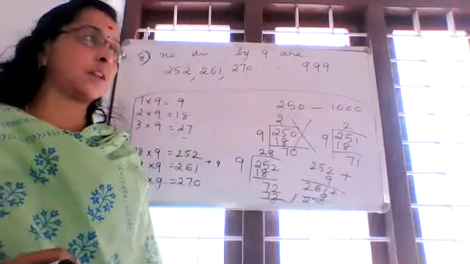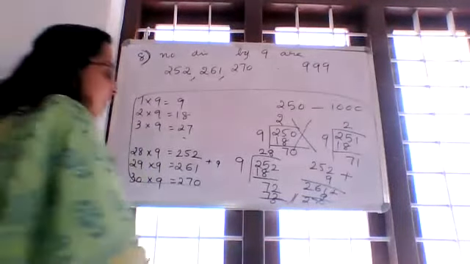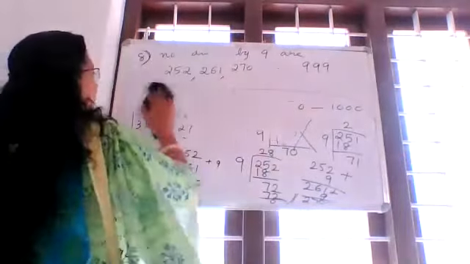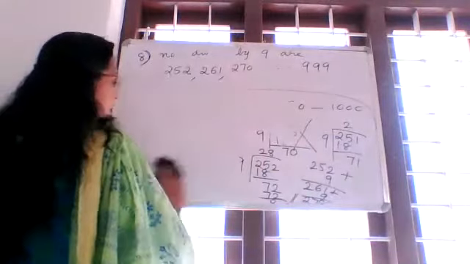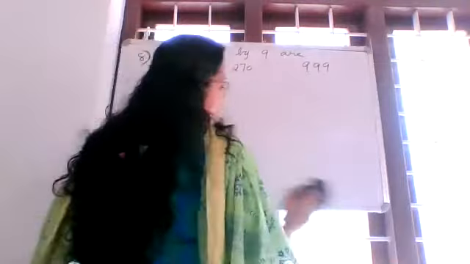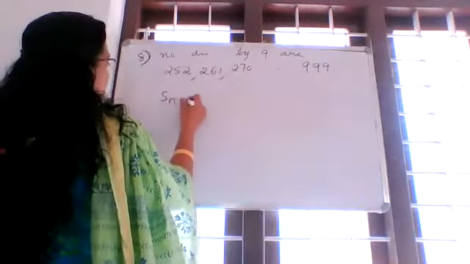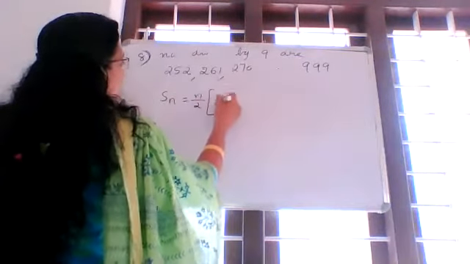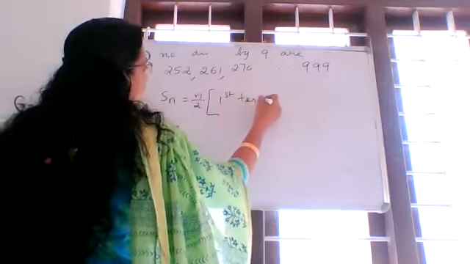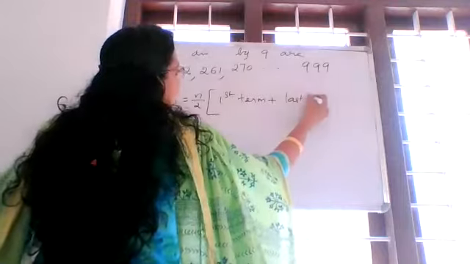So for that, what do we need? The formula. Sn is equal to n by 2 into first term plus last term.